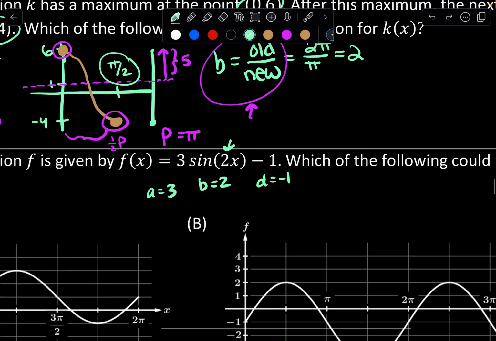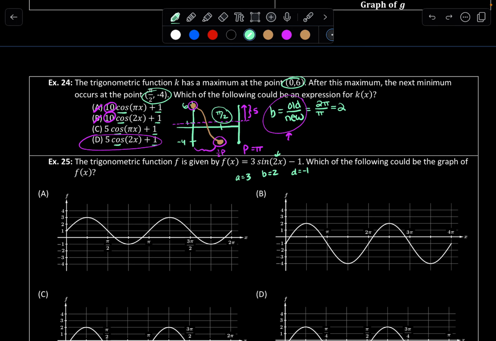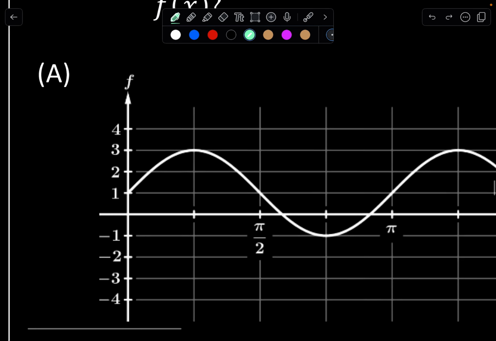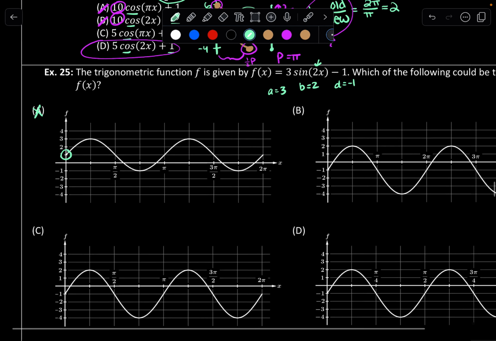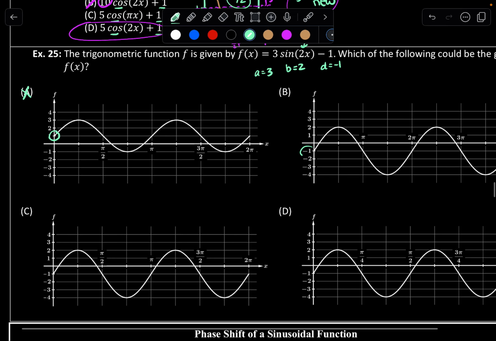All right, let's look at the midline first. That's an attribute that can stick out pretty easily on the y-axis. This A has a midline at +1, therefore it will not be A. B has a midline at -1. And I know that on the y-axis, that's the midline because it told us it's sine. So I should see it increasing through the y-axis and the midline.